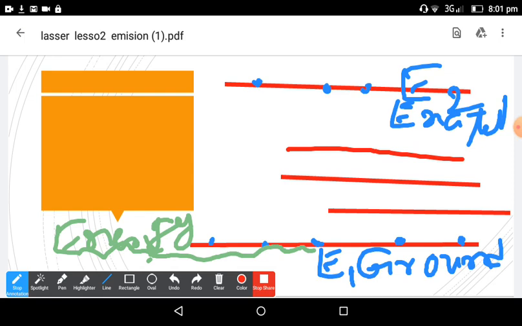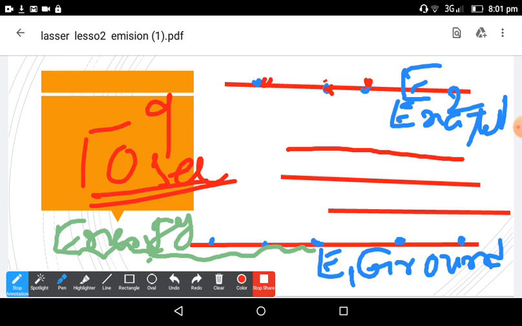After reaching the excited state E2, the electrons are here, and these are the excited electrons. They will stay here for some time, 10 to the power of minus 9 seconds. This is the lifetime of the atoms or the electrons in the atoms to stay in the excited level. 10 to the power of minus 9 means nanoseconds.